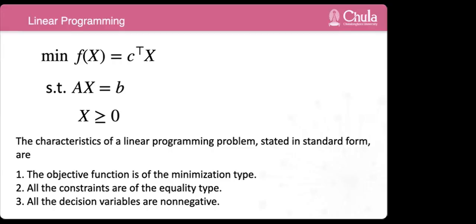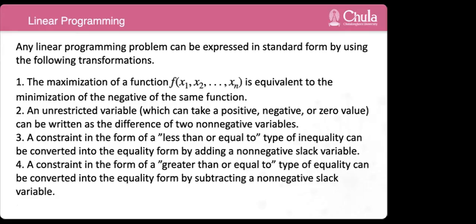One thing: how can we convert any linear programming to standard form linear programming? The first one: the maximization of an objective function is equivalent to the minimization of the negative of the same function, right?